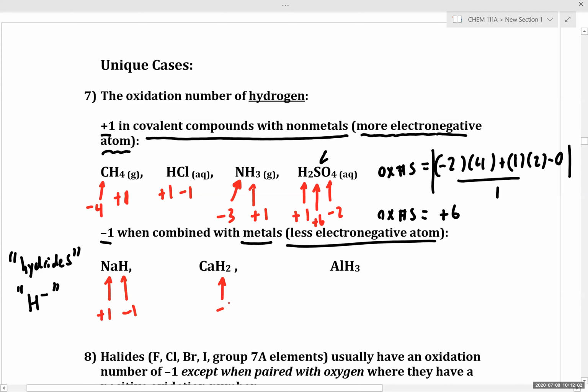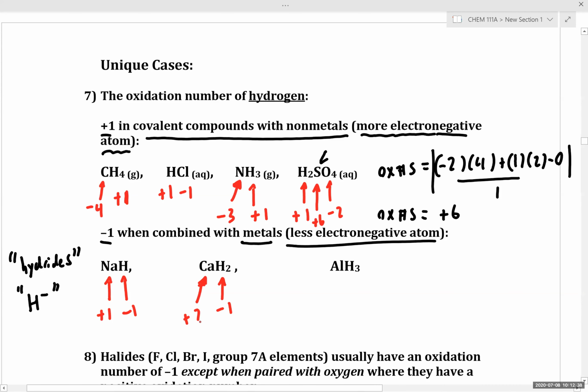Hydrogen in calcium hydride adopts a -1 oxidation number. So what is the oxidation number of calcium, which is the less electronegative atom? +2.